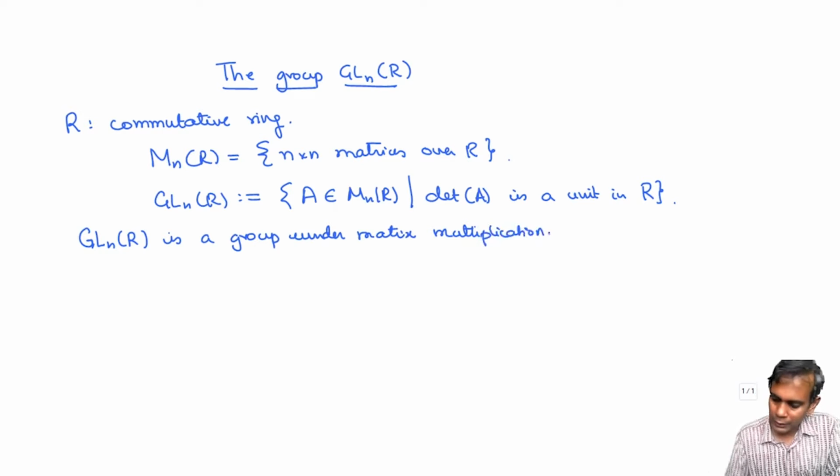We already know that matrix multiplication is associative, and the identity matrix is a unit for matrix multiplication.